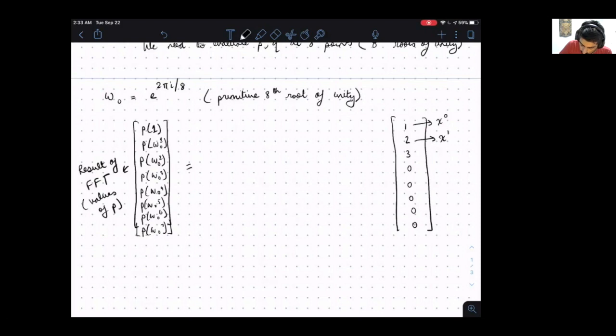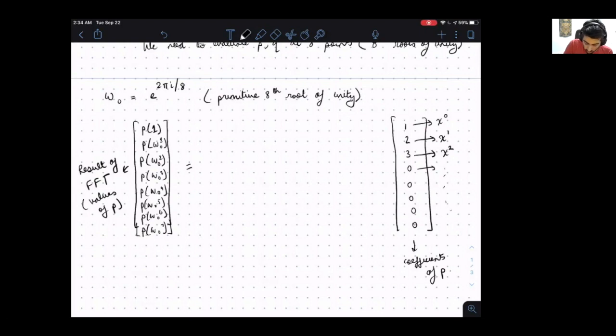This is the coefficient of x. This is the coefficient of x squared, and then so on. So these are the coefficients of p.